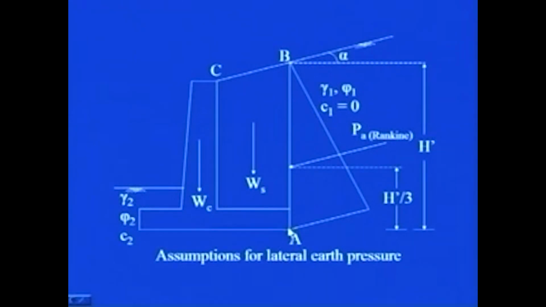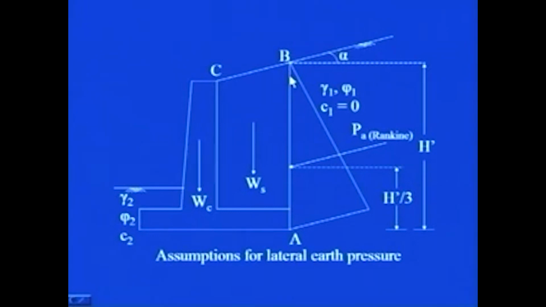You see here, this is point A, located at the heel of the base slab. So, we assume that the failure is taking place along this surface AB.